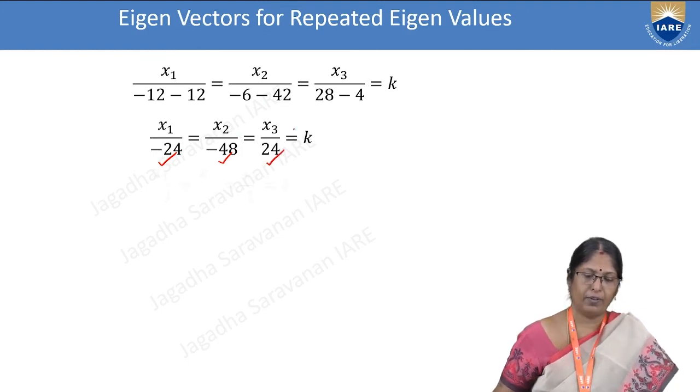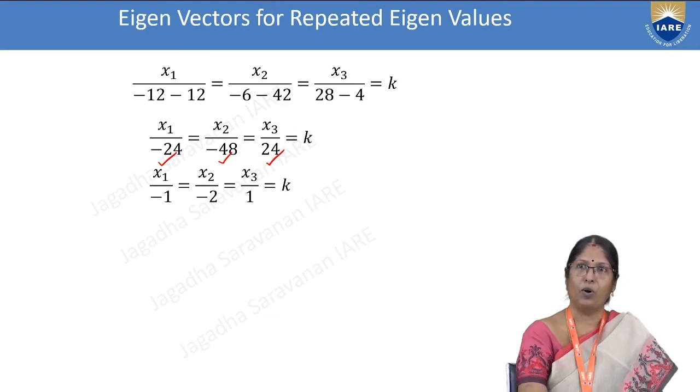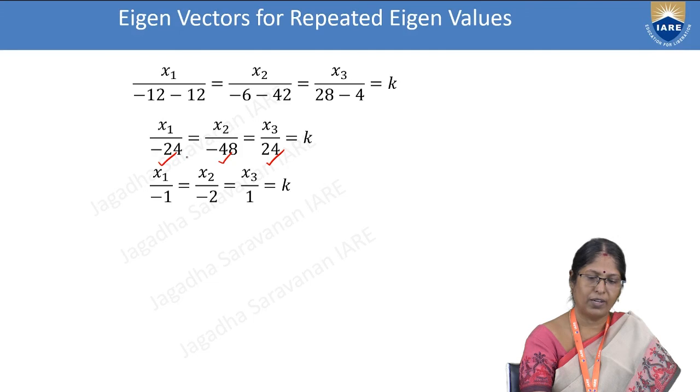We take the lowest form. Throughout, we take 24 common and divide: minus 12 by 24 gives minus 1, minus 48 divided by 24 gives minus 2, and 24 by 24 gives 1.